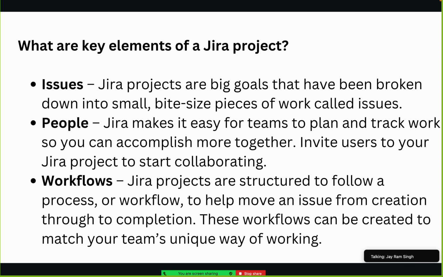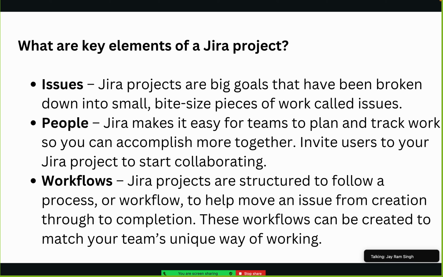And if you talk about a project in terms of JIRA, there are 3 key elements. First is the issues which need to be worked on, people who will work on the issues, and workflows, how the issue is moving from one step to another step.